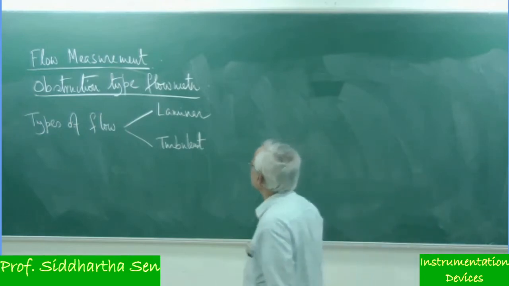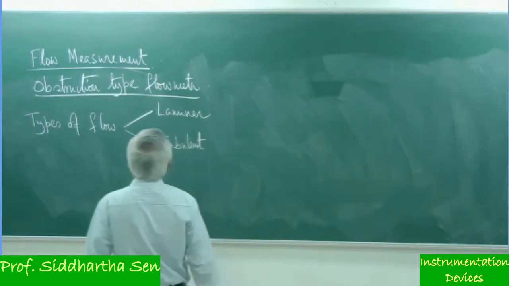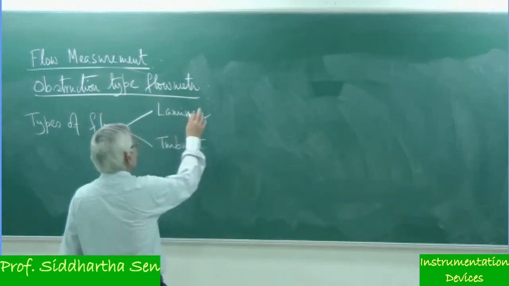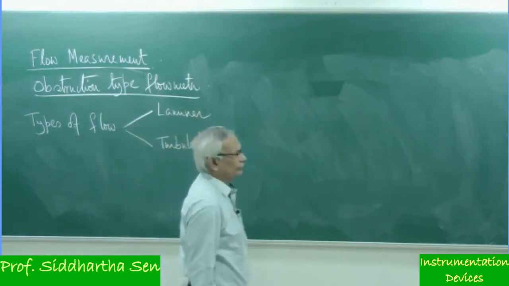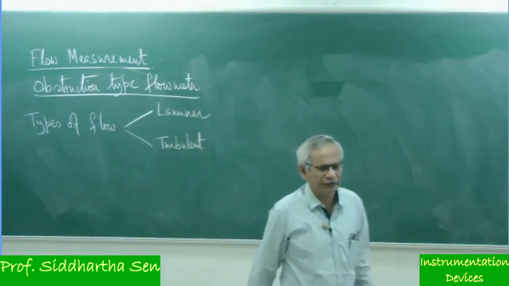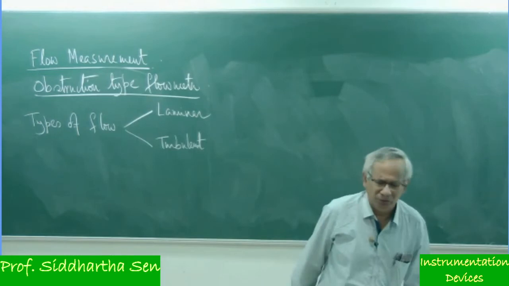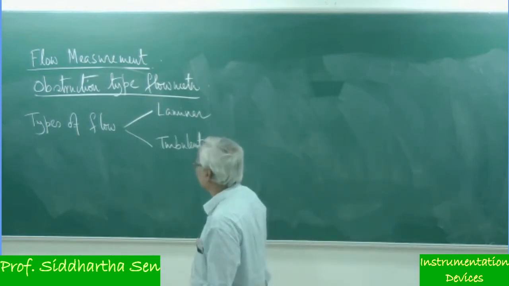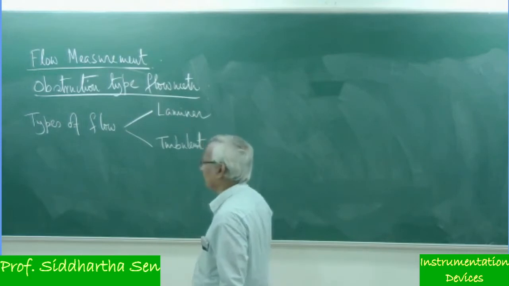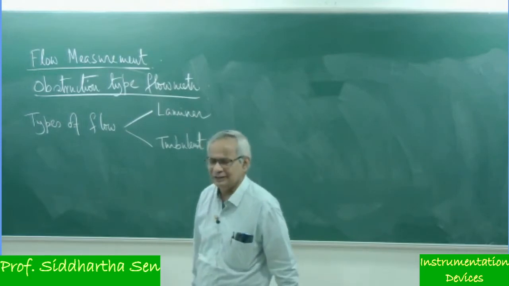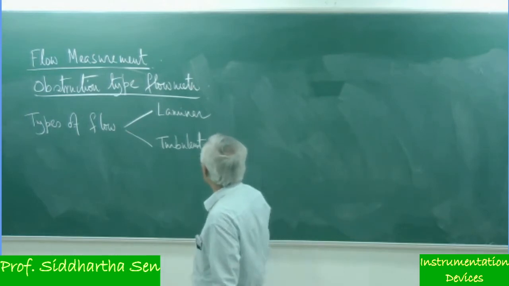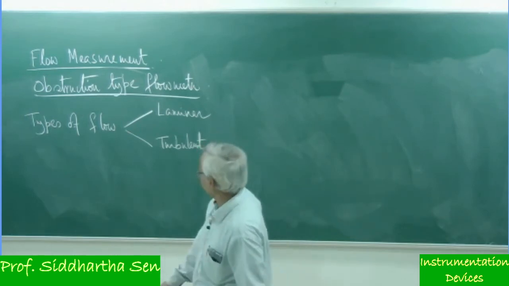And we decide whether the flow is laminar or turbulent. Laminar is mostly a viscous flow, where friction is predominant, while in turbulent flow, mainly for water, the viscosity is less and so the friction component of the flow is also less.